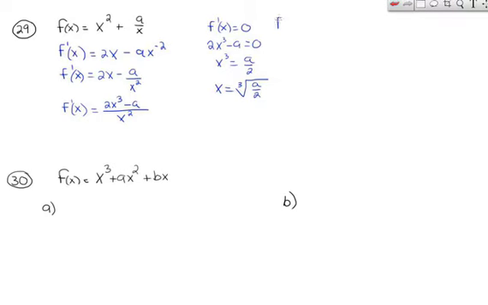I also should consider the derivative being undefined, and that's going to happen when x equals 0. But that's not going to be for some real interesting reason. It's not because it's a corner or a cusp making a max or min.